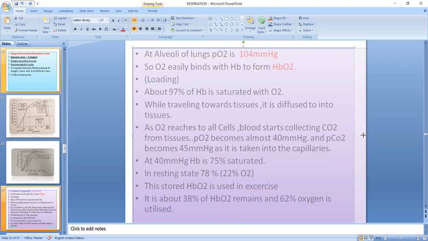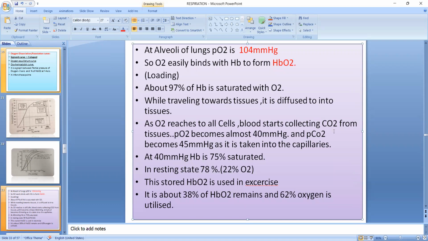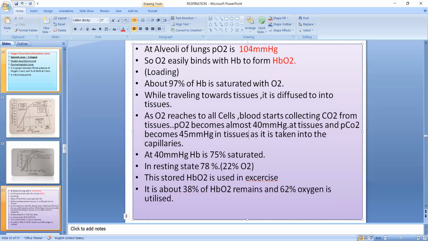Blood అనేది CO2 ను కలెక్ట్ చేస్తుంది, ఆక్సిజన్ ఇస్తూ వెళ్తుంది. రెండు పనులు ఒకటేసారి జరుగుతాయి. PO2 becomes almost 40 mmHg ఎక్కడ tissues లో, and PCO2 becomes 45 mmHg in tissues. Okay, as it is taken into the capillaries.